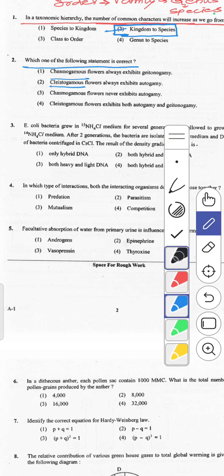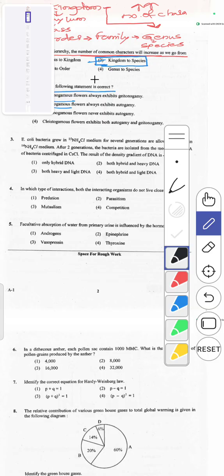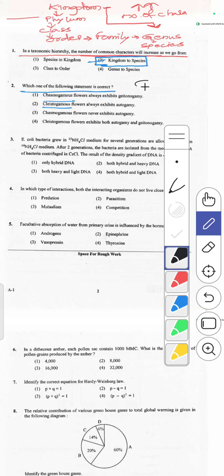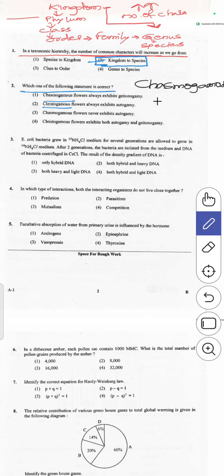So before that, let me write here. So that is chasmogamous. Another one is cleistogamous.